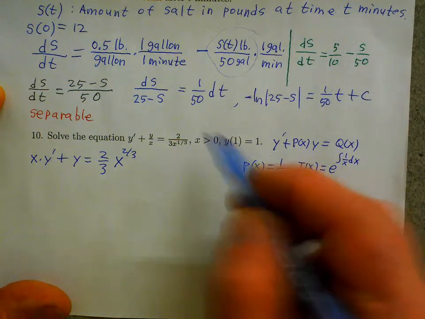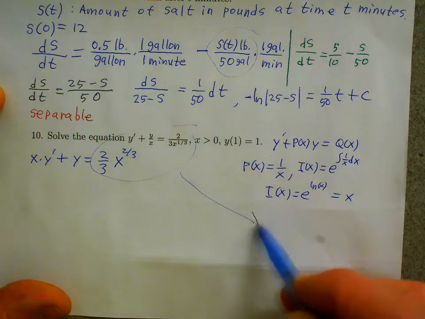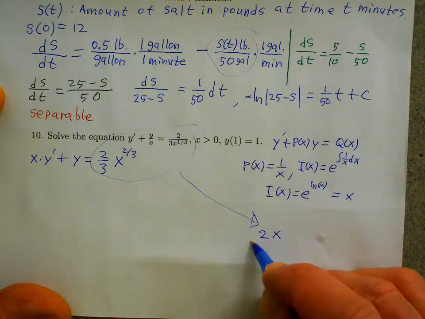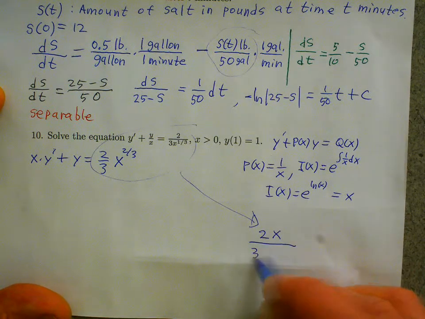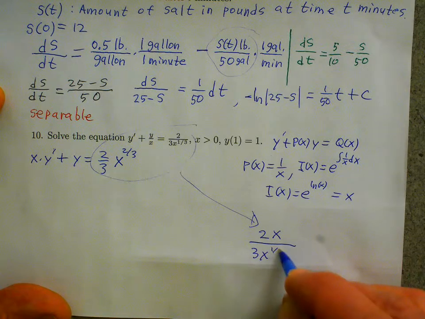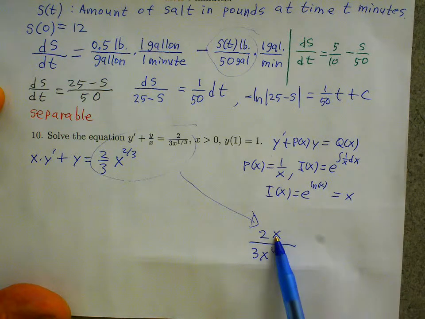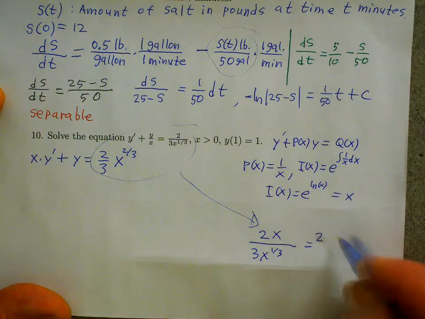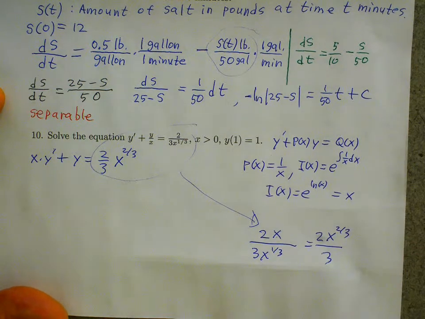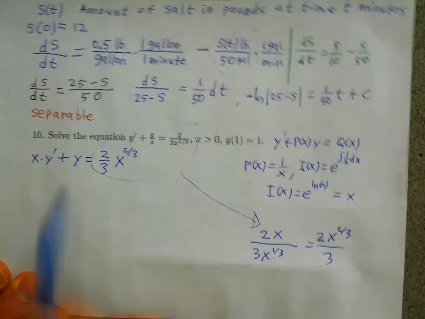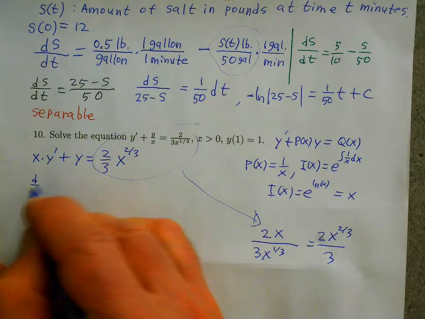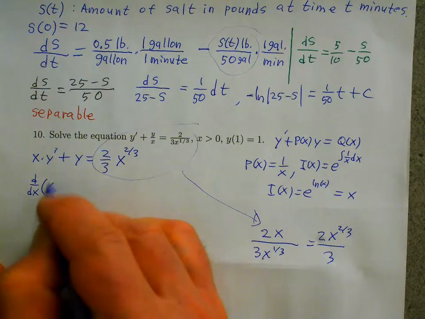So if I multiply that by x, I get 2x over 3 times x to the 1/3. Think of x as x to the 3/3. So it becomes 2 times x to the 2/3 over 3, right? Okay, the left-hand side is the derivative with respect to x of x times y.